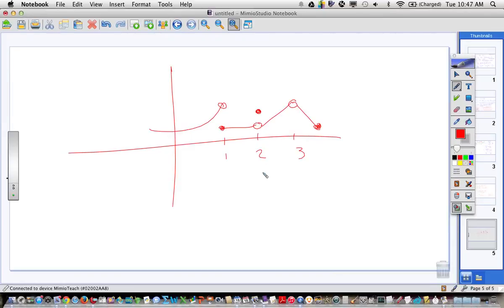So what is the limit as x approaches, and let's say this is 1 right here, and this is 2 right here, and these are all at the same place right here. Make it a little bigger. Okay, there you go. What's the limit as x approaches 1? Does not exist. What's the limit as x approaches 1 from the left?